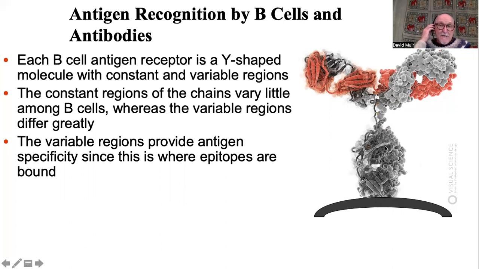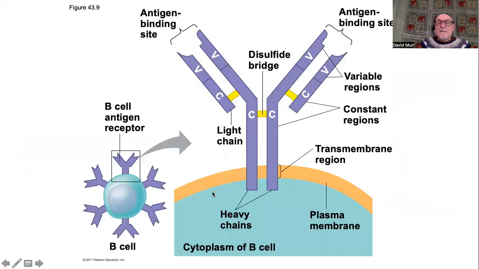This is a B cell receptor. We know that because it is Y-shaped. It's a complex molecule made up of different polypeptides which are joined together to form the whole functional protein. So this is the diagrammatic version of its structure.